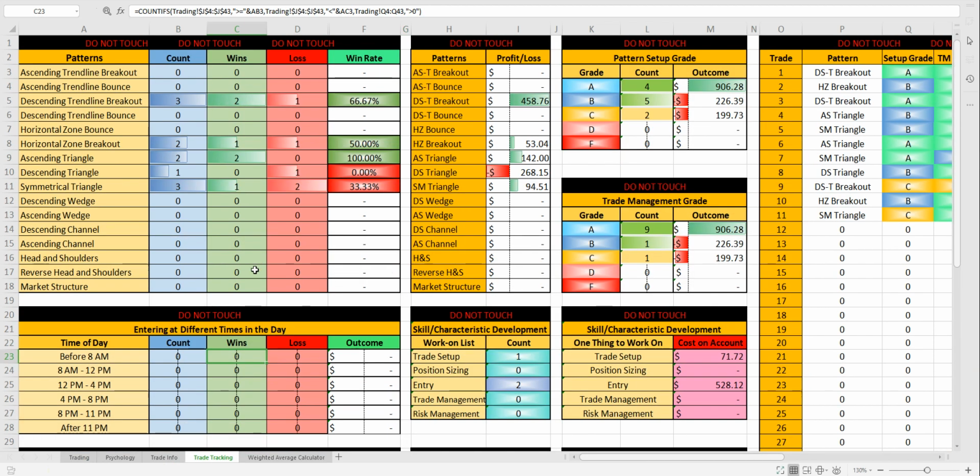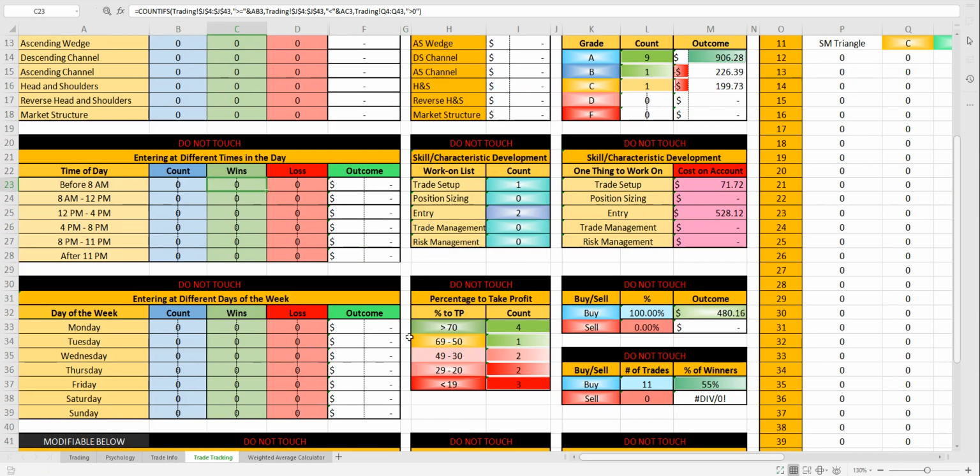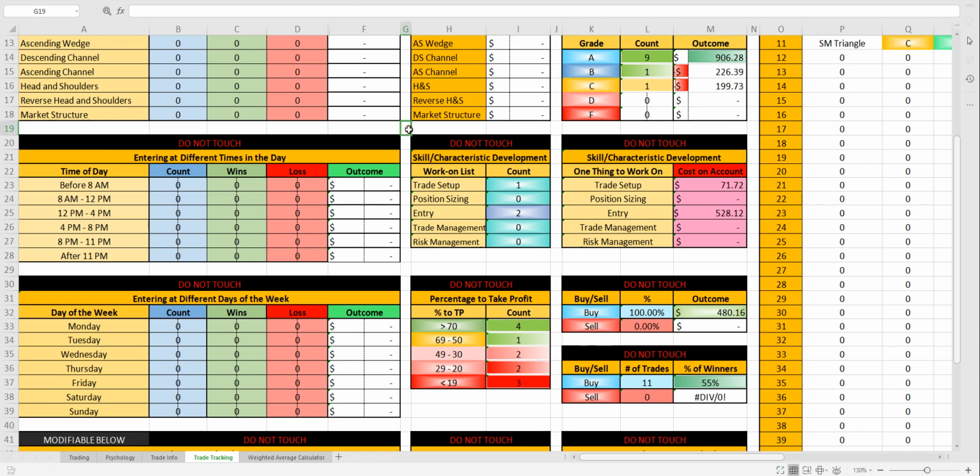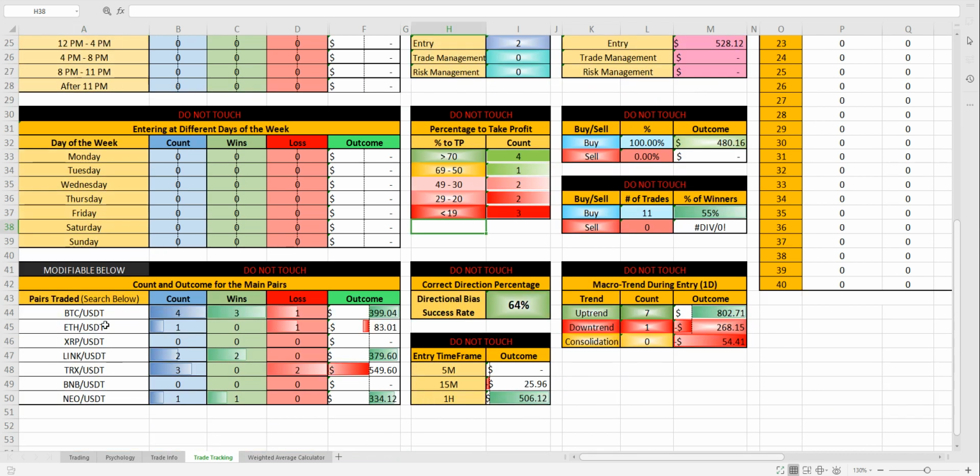It's just not showing any data, but we can see there's a tremendous amount of information that you can use to understand what you're doing right, what you're doing wrong, perhaps things that you didn't know before, like if you're trading really well at the beginning, kind of early stages of the week, and then as the week goes on, you're making less quality decisions, or maybe some pairs that you're just really good with trading.